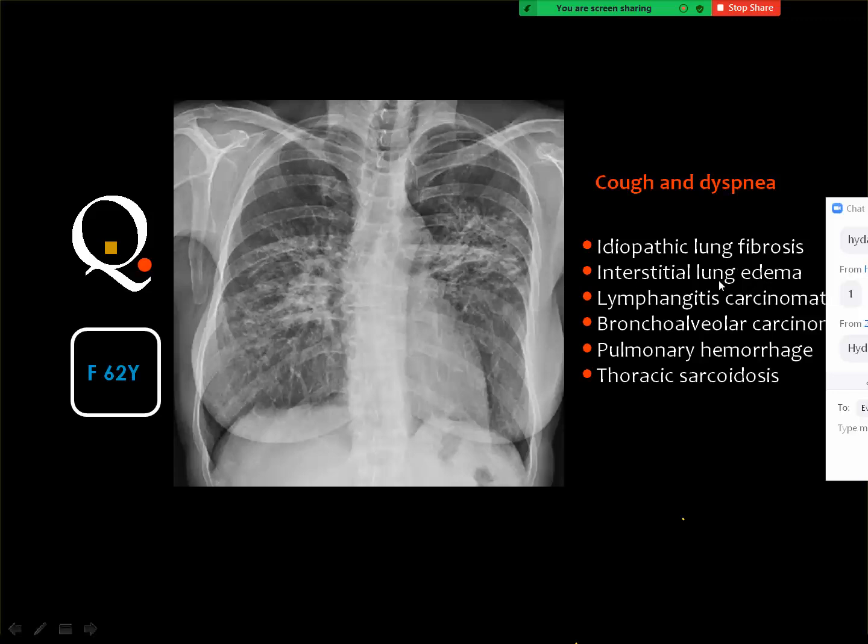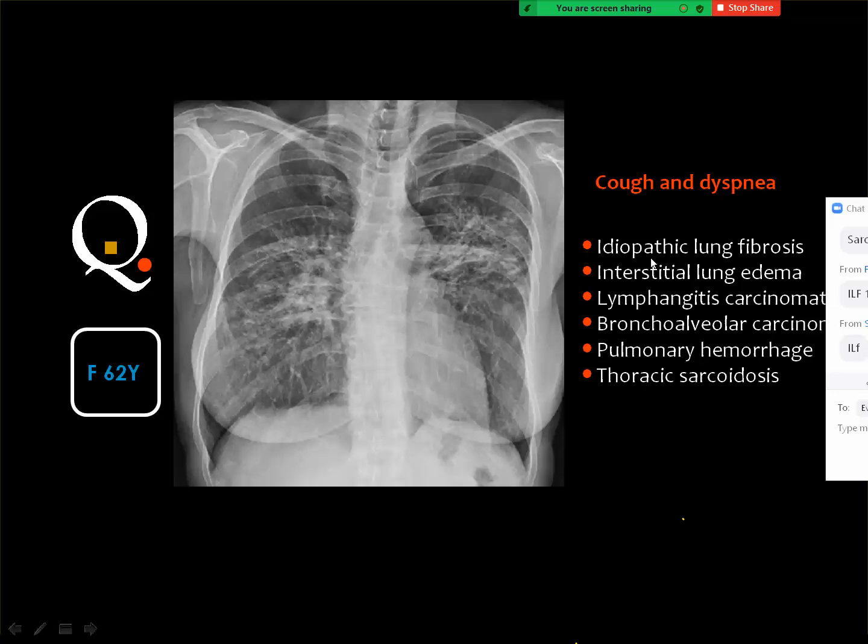Fibrosis, interstitial edema, lymphangitis carcinomatosa, bronchoalveolar carcinoma, hemorrhage, and thoracic sarcoid. Very good. Sarcoid is the right answer.